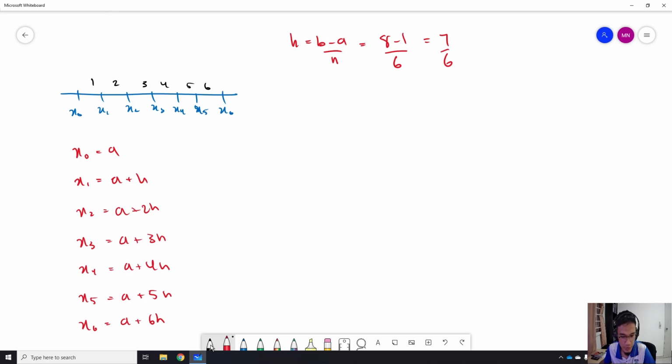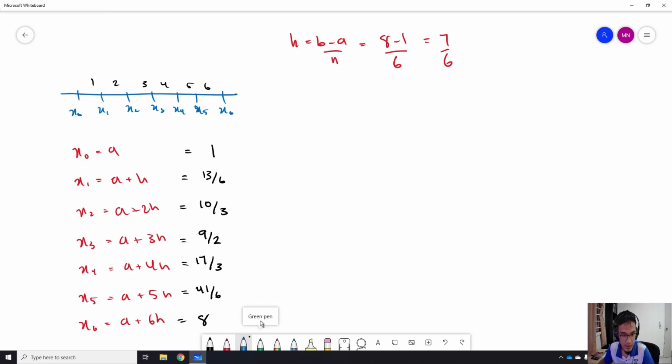You can find the values where a is equal to 1 as mentioned in the function. So x0 is equal to 1, and x1 is 13 over 6, then 10 over 3, 9 over 2, 17 over 3, 41 over 6, and finally 8. So that is the value for the ordinates.